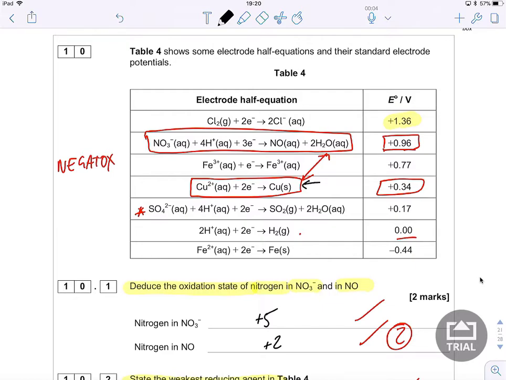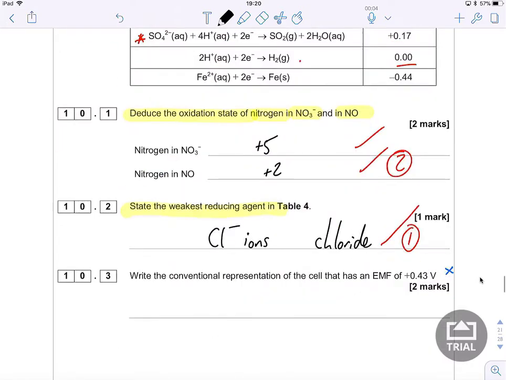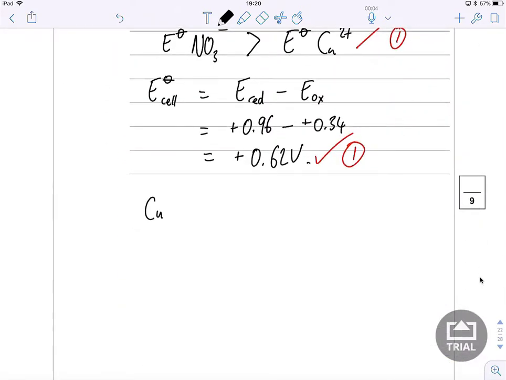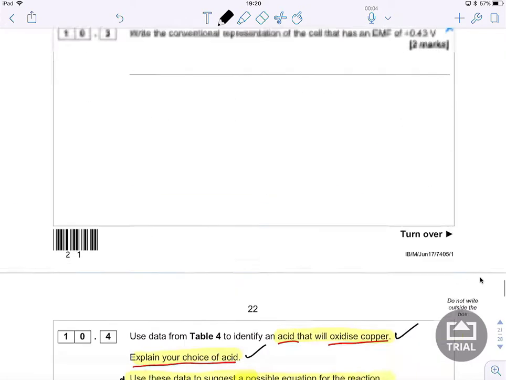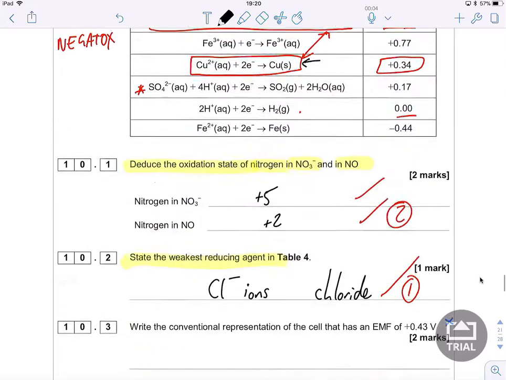I know that my copper is going to be oxidized, so I'm going to write it the other way round: copper going to copper 2+ plus 2 electrons. Then I'm going to write out my nitrate, or my nitric acid, in the same way it's written in the table, my reduction, which I've got up here.